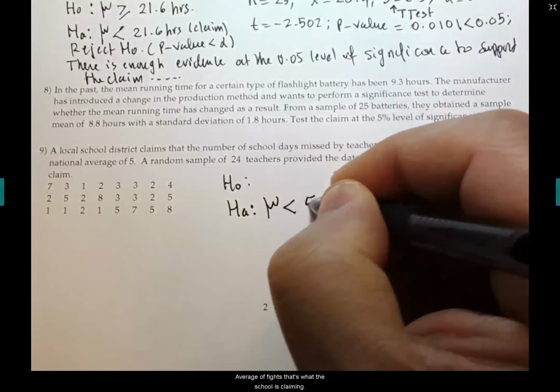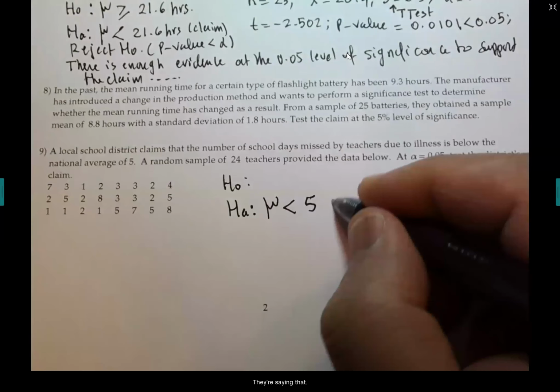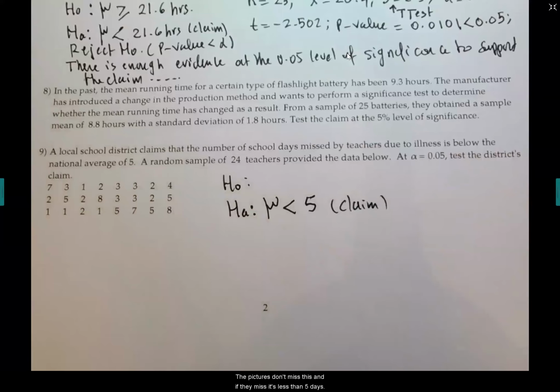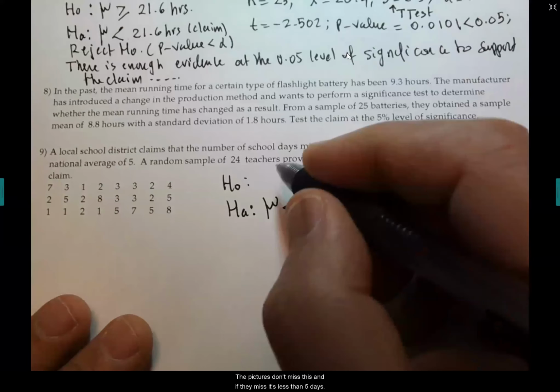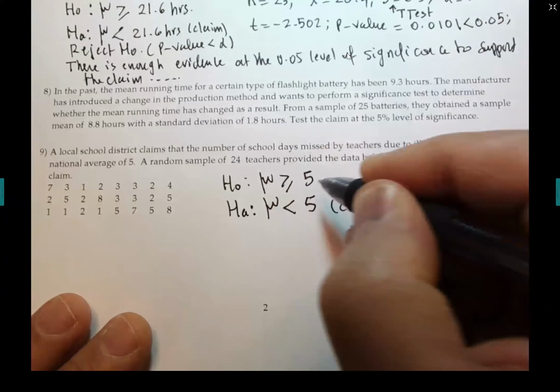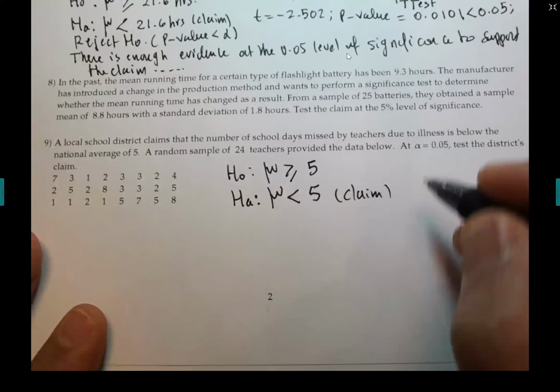That's what the school is claiming. They're saying that their teachers don't miss days, and if they miss, it's less than 5 days. That's a good claim. We need to test this one, so it's a t-test.